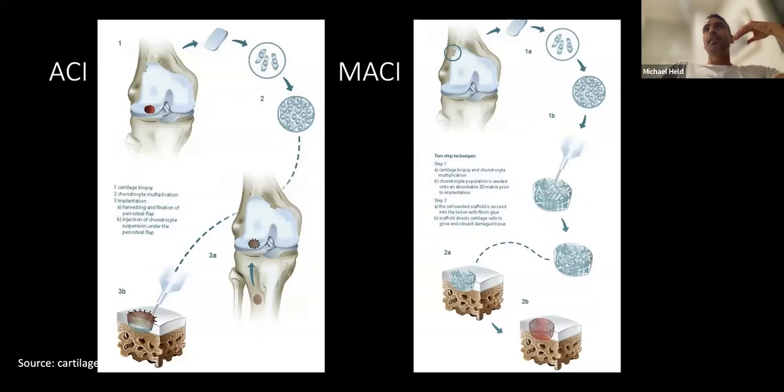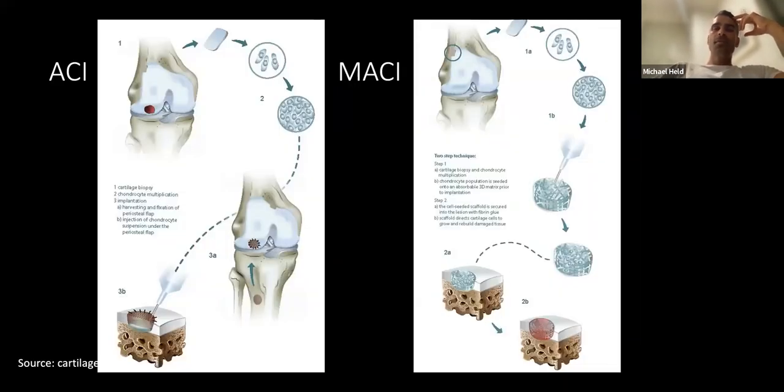But there's still quite a bit of variability between the different labs, and it's sometimes that process that makes it more successful than others. So it's very difficult to compare one study to another in this, because there is such a big variety between the different labs that make these cells.